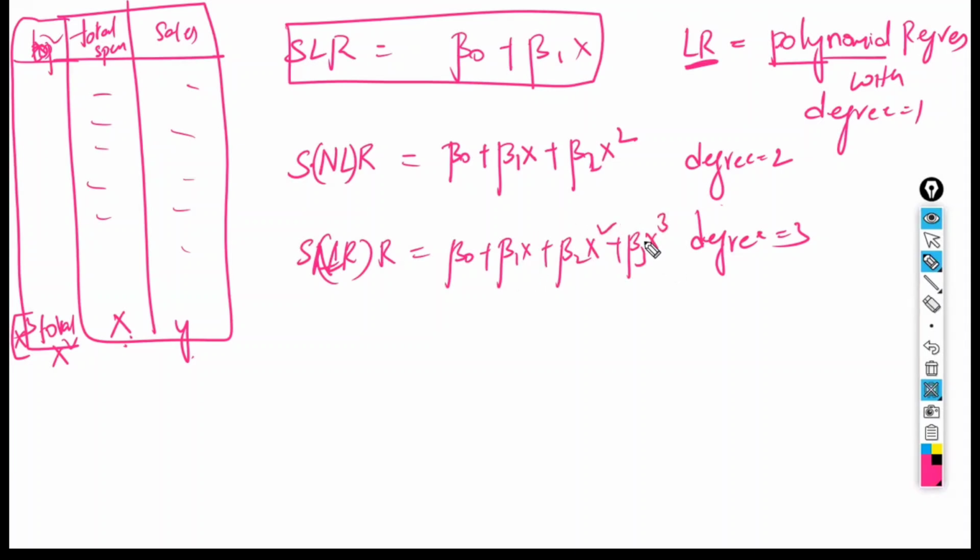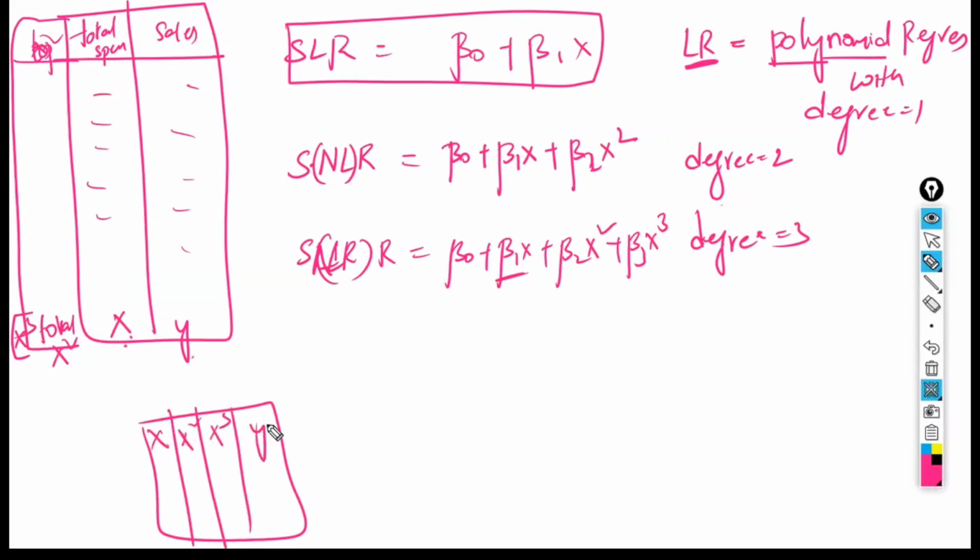Whatever the order, there is no problem. For each column, one coefficient you have to assign. Whichever order is in the training data, you have to follow that order. If in the training data first x is there, followed by x square, followed by x cube, and then y, then automatically that is the order.